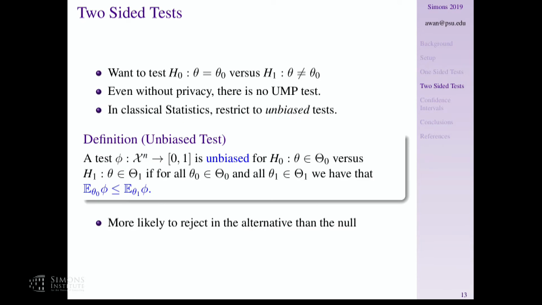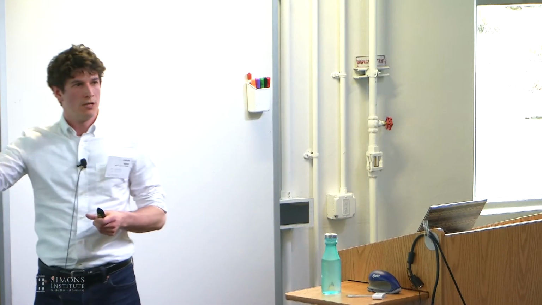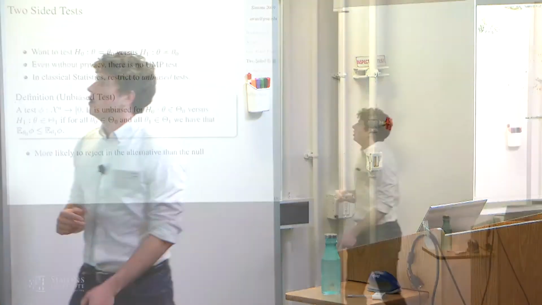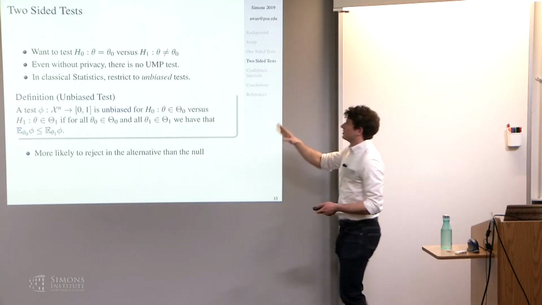Okay, so what else can we do? The next thing we'd like to do is two-sided tests. So we were working with one-sided hypotheses, where we said the null was theta is less than something and the alternative was that theta was bigger. Well, it's also common to look at things like testing theta equals theta 0 versus not.